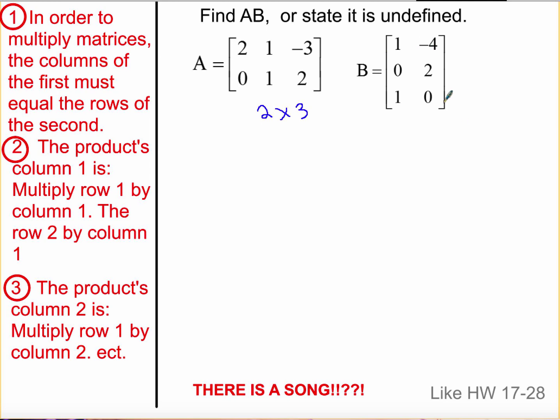This is a 3 by 2 matrix because it has 3 rows and 2 columns. Can I multiply these together? I absolutely can. I can because the number of columns in my first matrix is equal to the number of rows in my second matrix. But not only that, I can tell that my resultant matrix is going to be a 2 by 2.